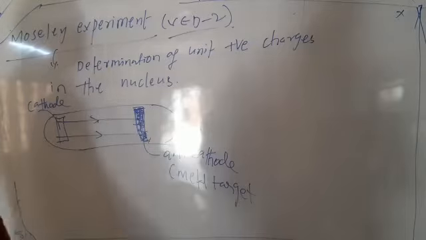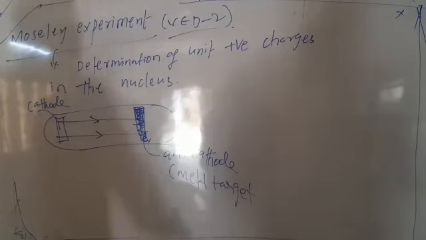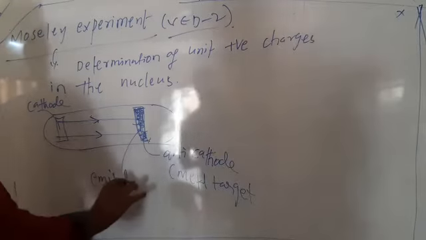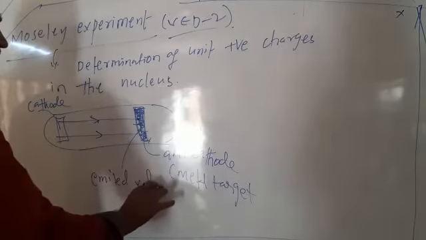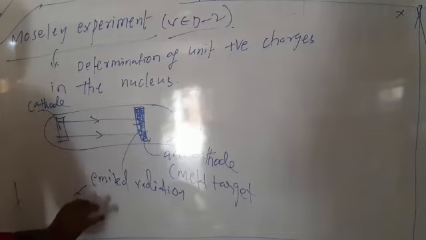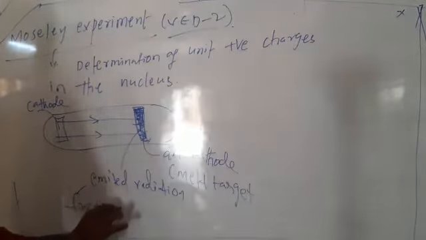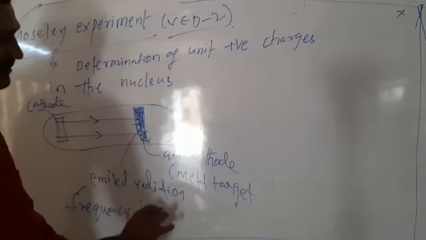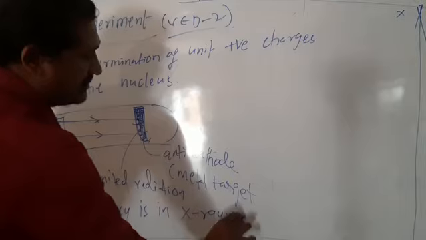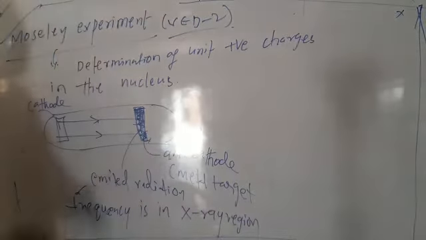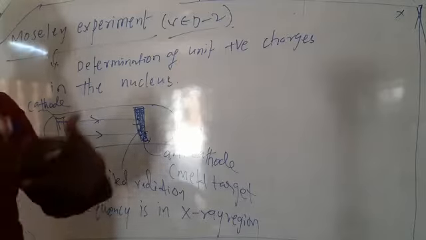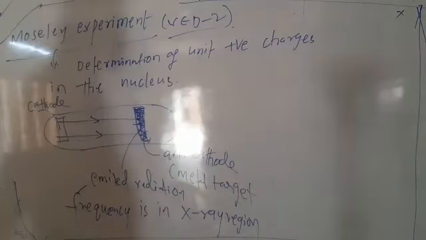The emitted radiation frequency is in the X-ray region. So for various metals, the emitted radiation frequency is different in the X-ray region.